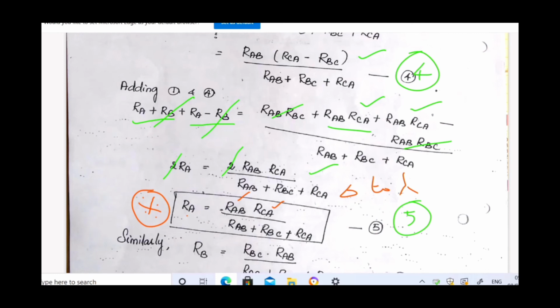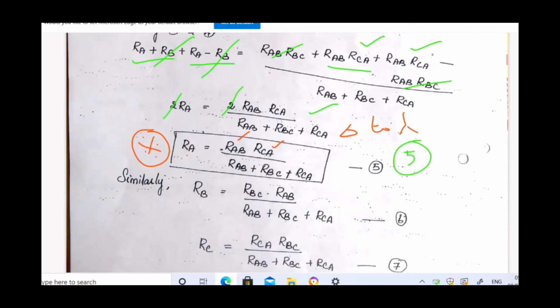Fine. Similarly, RB equals RBC into RAB divided by the total summation of the network's resistors. So the denominator is the common term for the resistance in every arm of the star network.